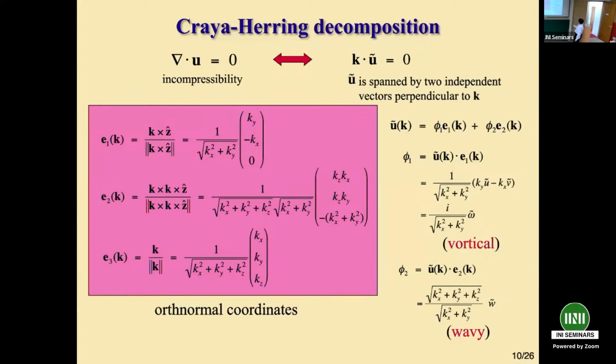So in a sense, we call it a vortical element. While phi2 is proportional to w tilde, the Fourier expression of the z component of velocity. w is coupled with theta and shows very wavy structure. That's why phi2 is the wavy component.